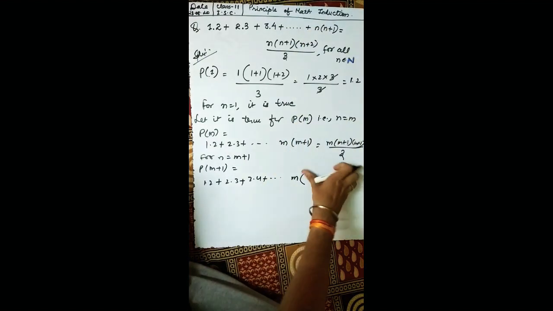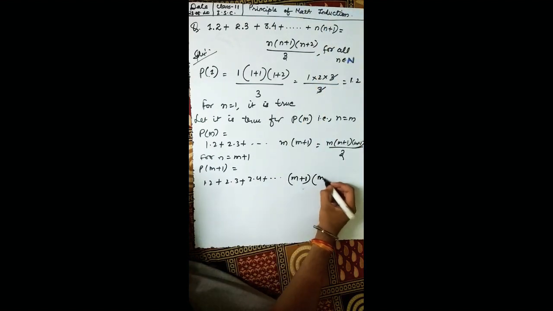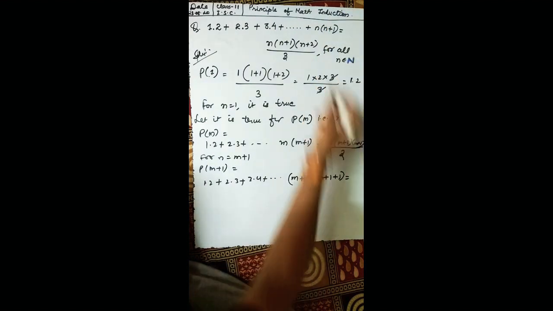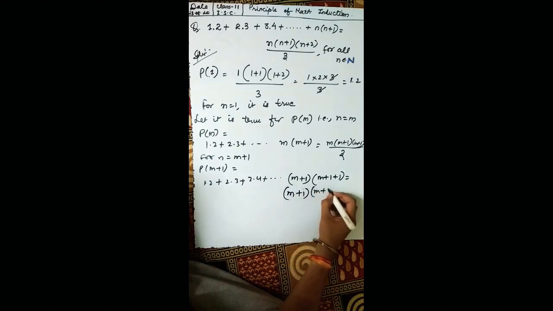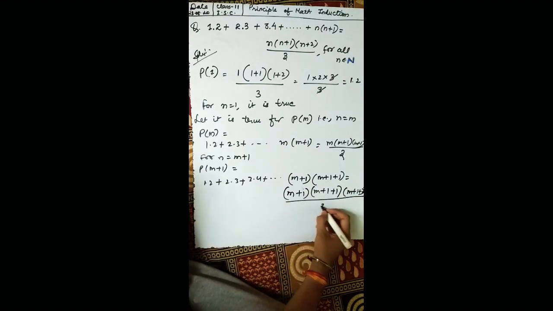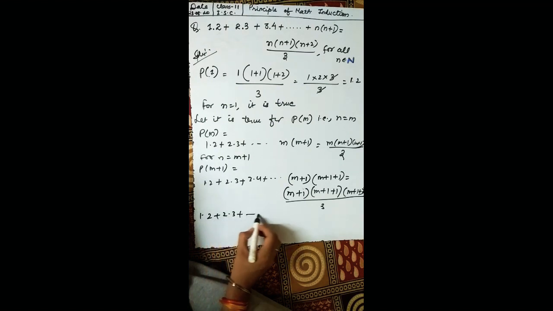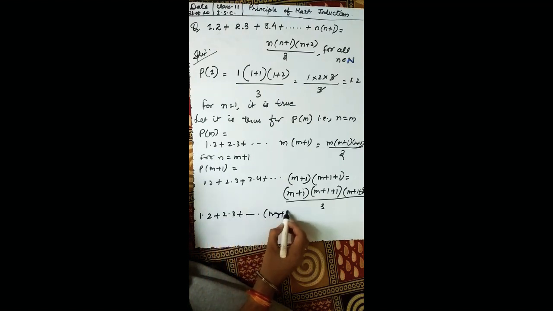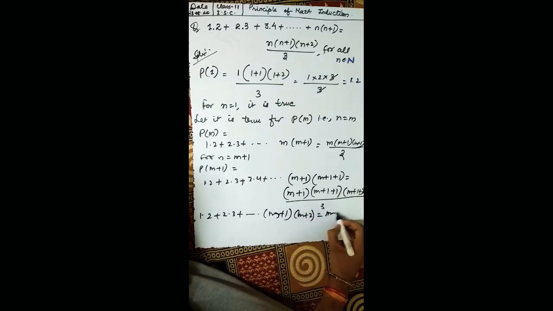In place of this n, we are writing m plus 1, equal to m plus 1, then m plus 1 plus 1 whole divided by 3. So this is nothing but m plus 1 and m plus 2, and this is m plus 1, m plus 2, m plus 3 upon 3.